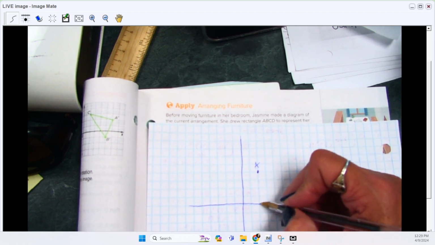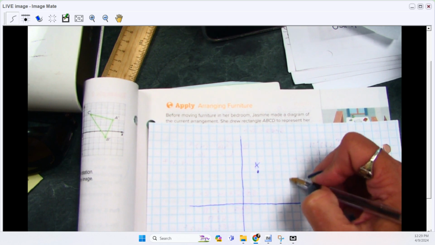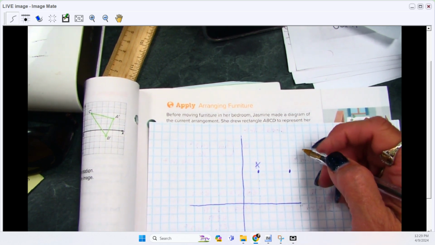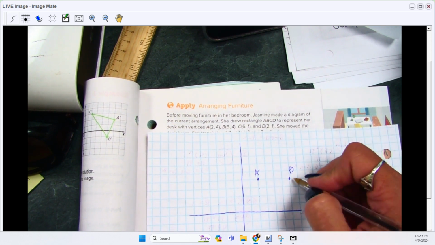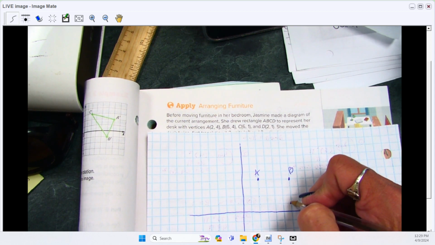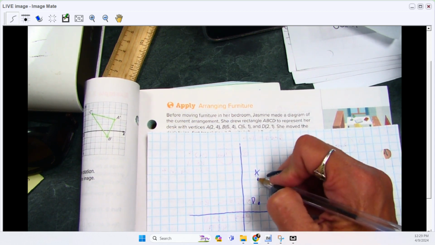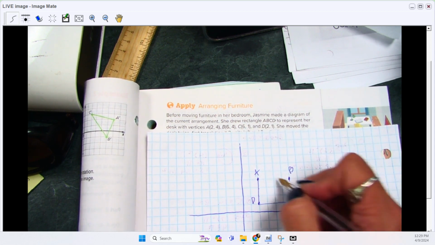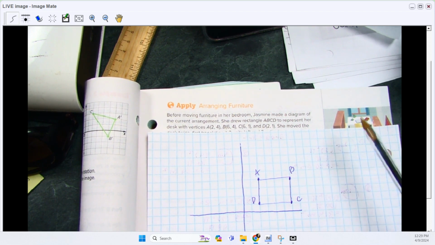So 2, 3, 4, 5, 6, 3, 4. Oops, sorry. And that's B. And then 6, 1. So that's here. And 2, 1, D. Okay, so this is my original.